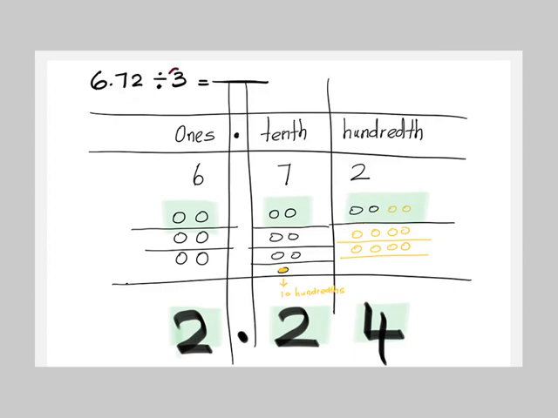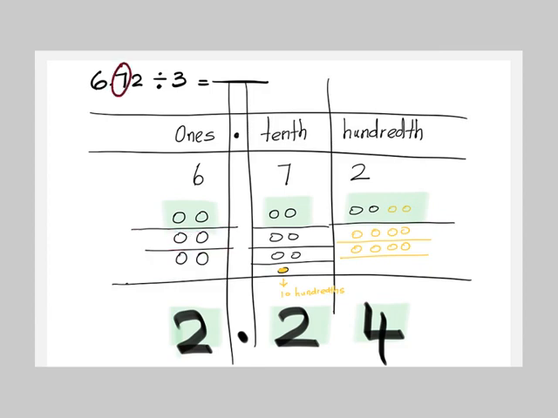Let's divide it among 3 people. When we divide 6 among 3 people, I can give 2 to each person. So this row gets 2, the next row gets 2, and the next row gets 2.